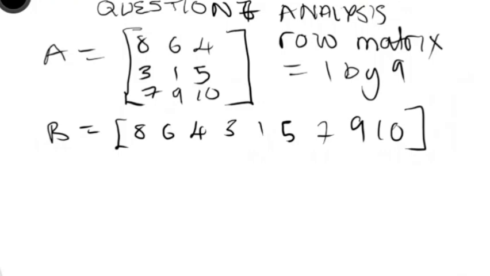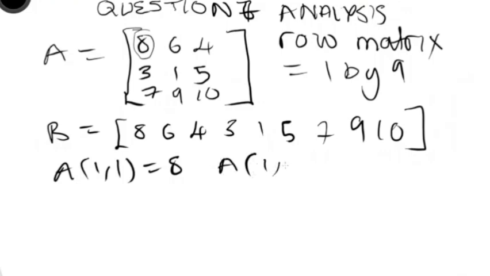For example, the positional index of this 8 is A1,1, so A1,1 is equal to 8. Same goes for 6: its positional index is A1,2. I'm pretty sure you learned about this in class.